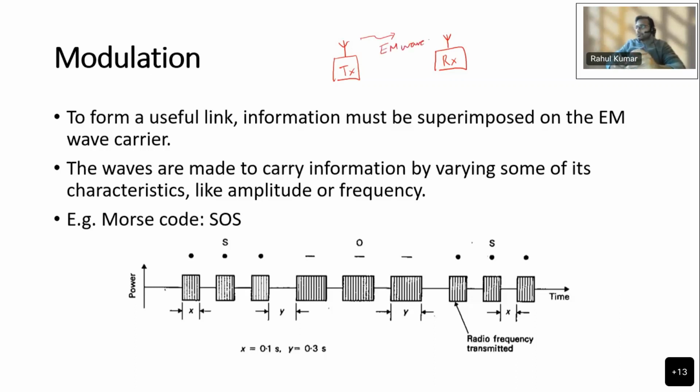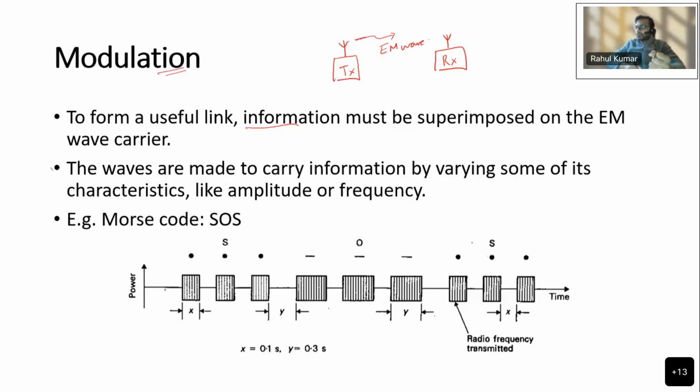To transmit some information using the electromagnetic wave, we use something called modulation. That is, we change the characteristic of our transmitted signal.